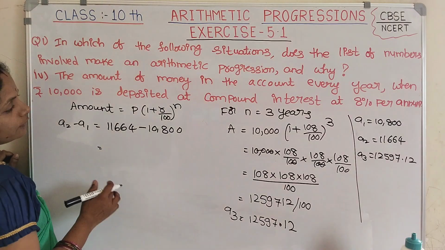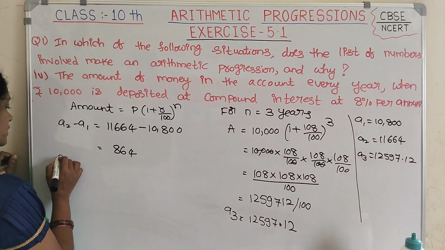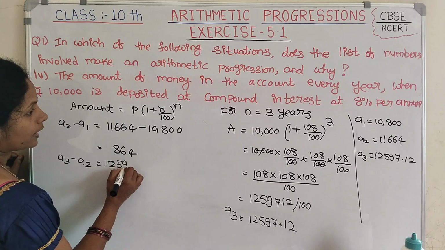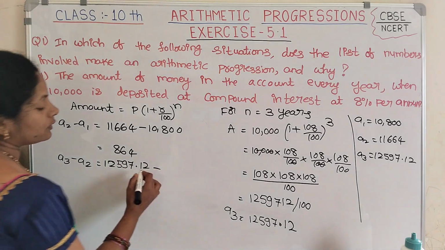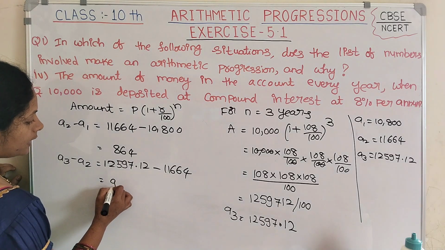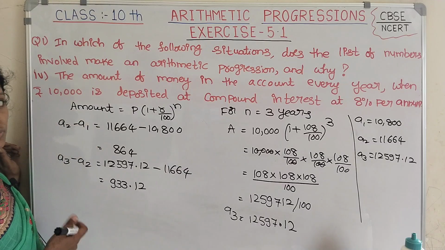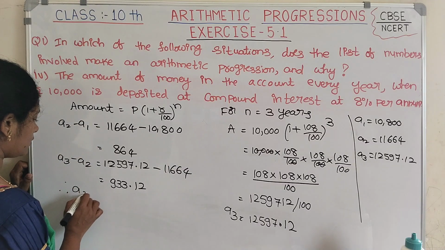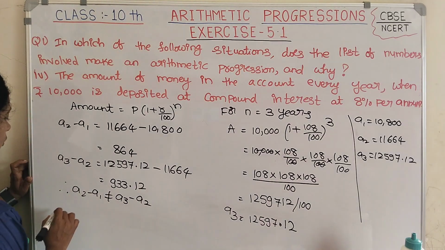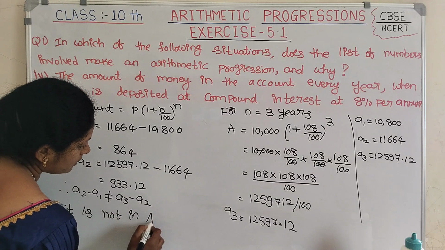The difference of this is 864. Next, A3 minus A2: 12597.12 minus 11664. The subtraction of this gives us 933.12. Therefore, A2 minus A1 is not equal to A3 minus A2. So it is not in AP.